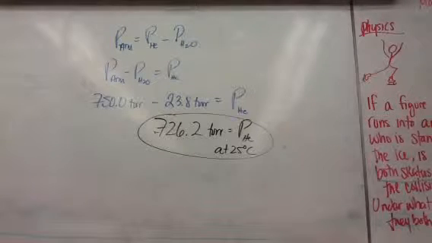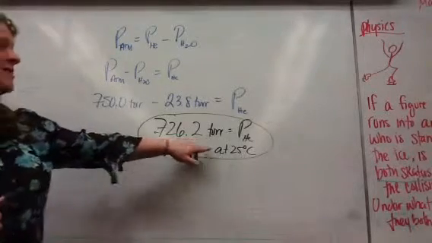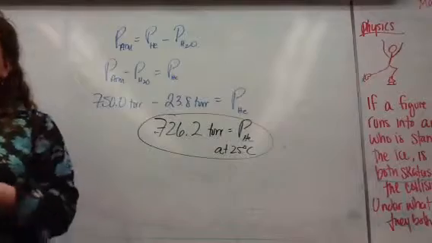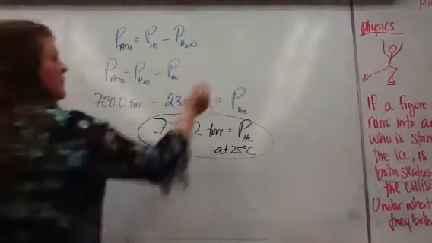What if they tell you you're going to keep the volume constant, but you're going to lower the temperature to standard temperature? So now, volume of the dry gas at 25, now you've got a gas law problem.